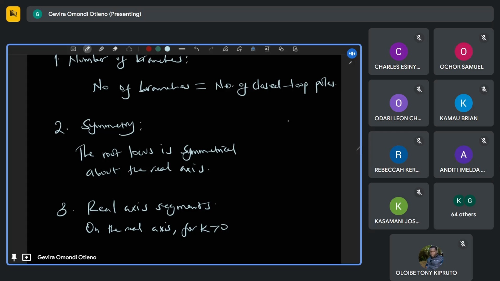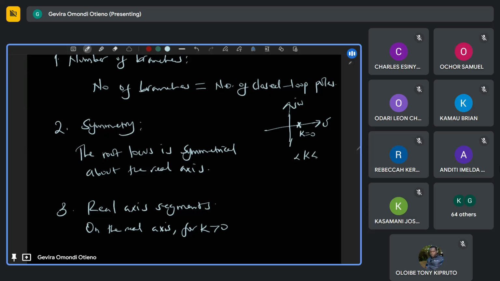Please always remember that whenever, this is just a side note so that I don't forget later, where a root locus begins, even if it begins here, where a root locus begins, the gain is considered 0. Remember, we said that root locus is a plot or a graphical illustration of the path or trajectory of poles as the gain moves from 0 to infinity.